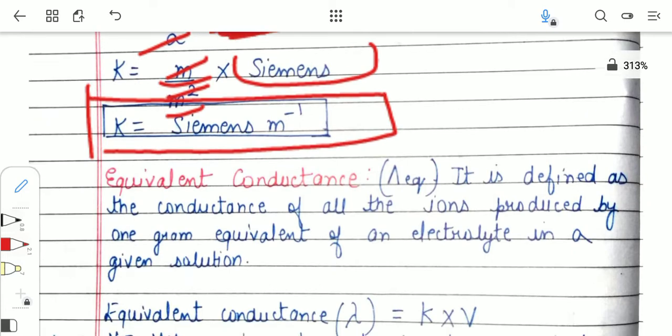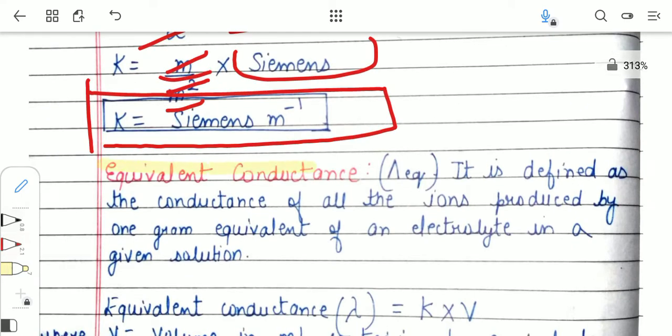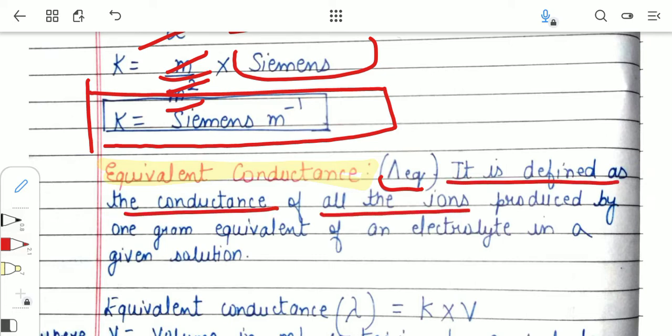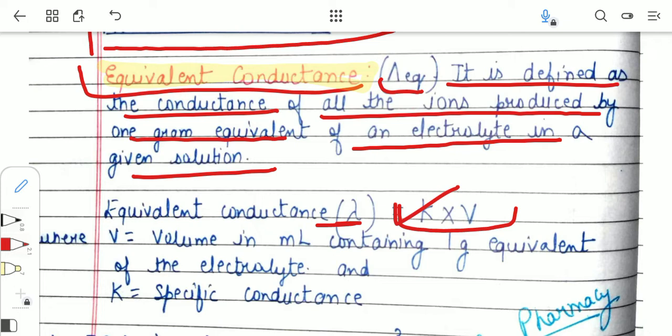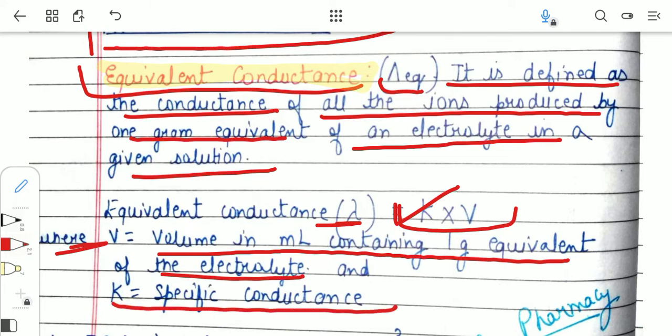Now let us move on to the next term, which is equivalent conductance, denoted by lambda equivalent. It is defined as the conductance of all the ions which are produced by 1 gram equivalent of an electrolyte in a given solution. The formula for calculating the equivalent conductance is K into V. This K is our kappa, V is the volume in ml which contains 1 gram equivalent of the electrolyte, and K is our specific conductance.